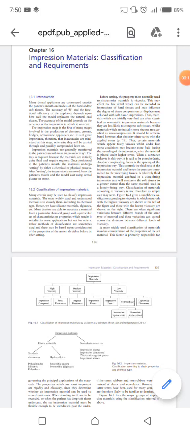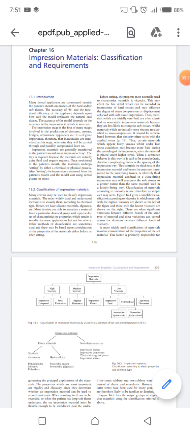So basically, first of all, you need to understand the definition of impression materials, like why we use impression materials and dental materials. What's the purpose basically? You need to remember this.